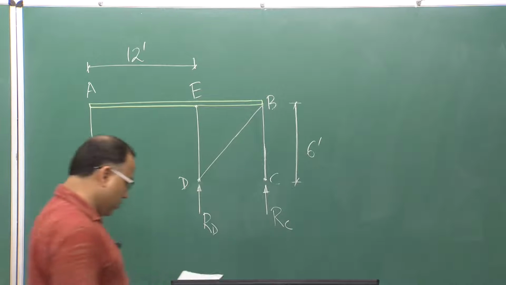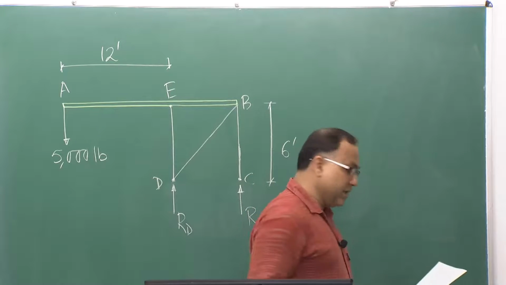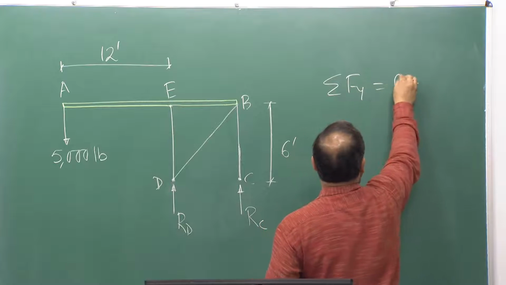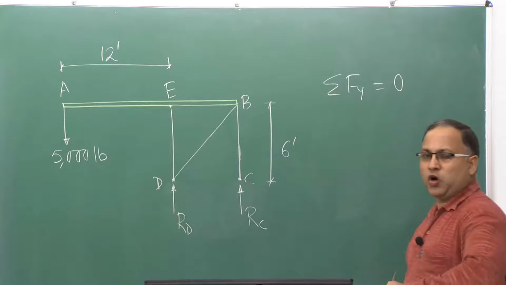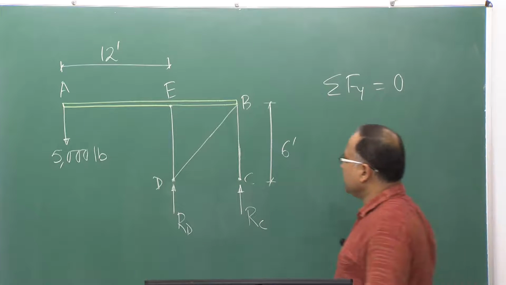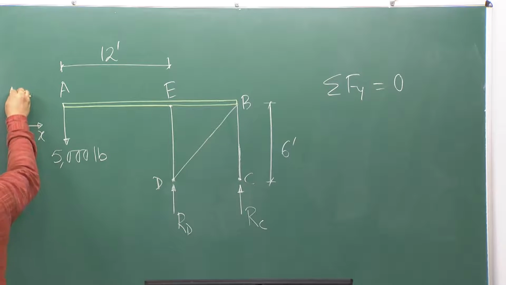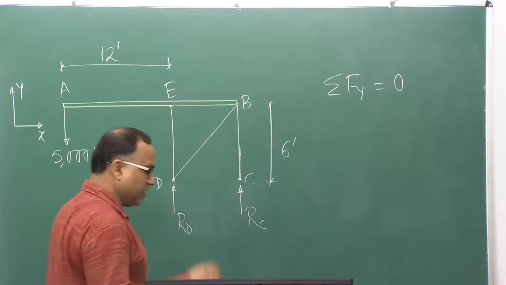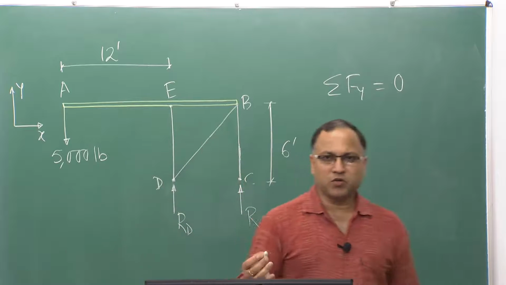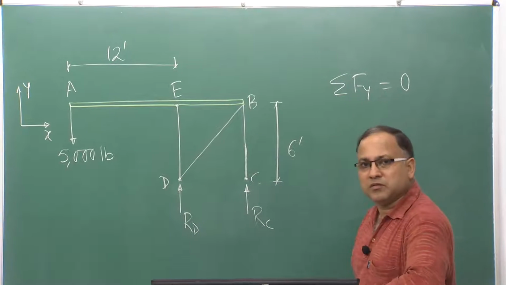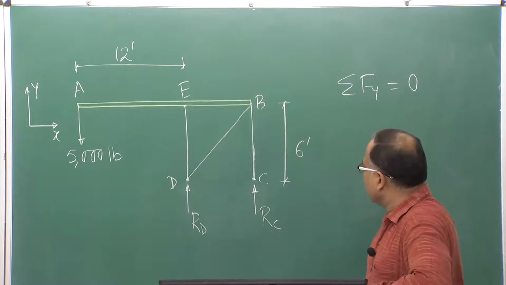If you solve the unknown reactions, then consider summation of all the forces in the y direction. If it is not mentioned, every time I am not going to mention this, it will be taking the same direction like x and y.